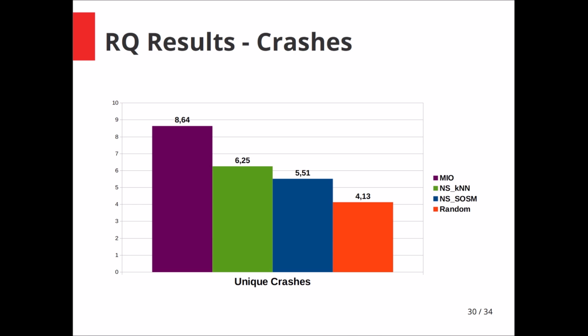Overall, we can say that the novelty search variants are better than random exploration, but cannot yet compete with MIO. We believe that we need to improve the underlying genetic algorithm and sample, for instance, new solutions based on the SOSM model, or randomly like MIO does.